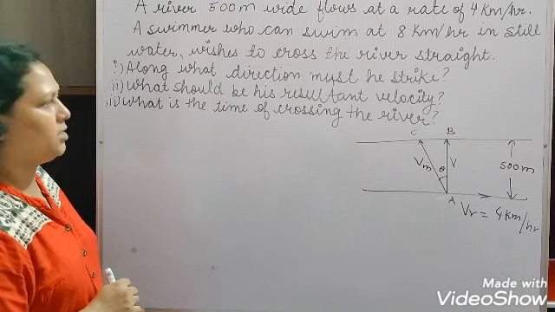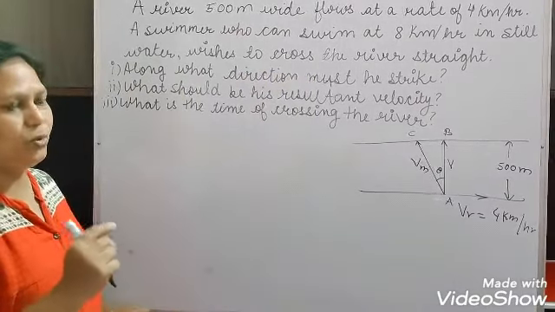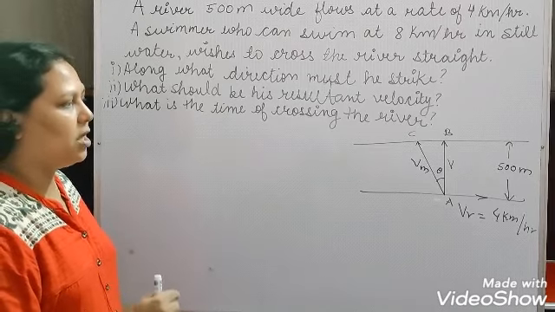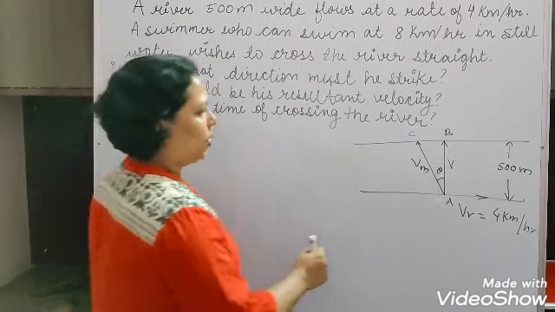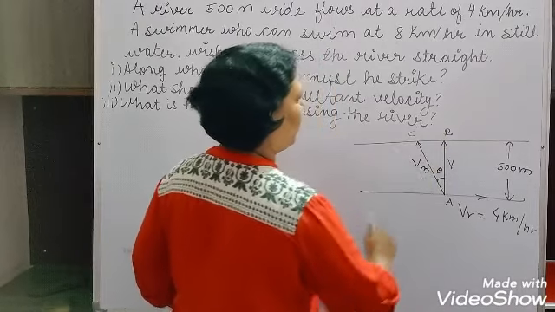So in the first case, whenever the boat has to row along the shortest path, the boat has to go along AC by making an angle theta with the normal AB.